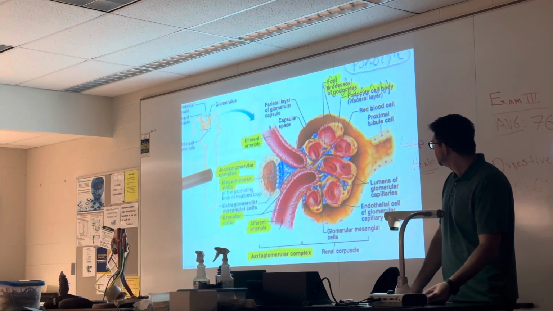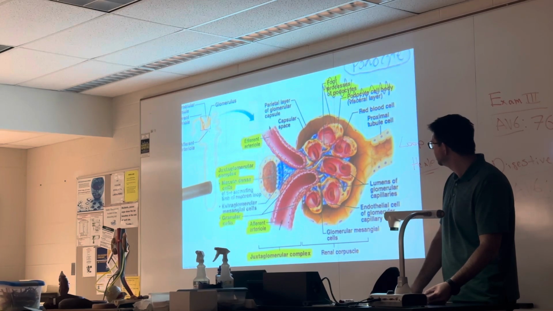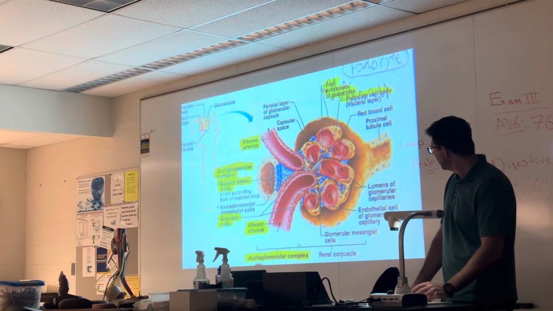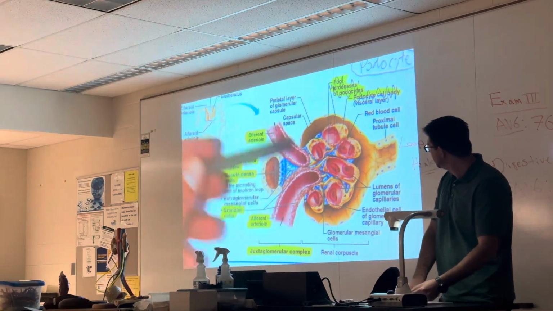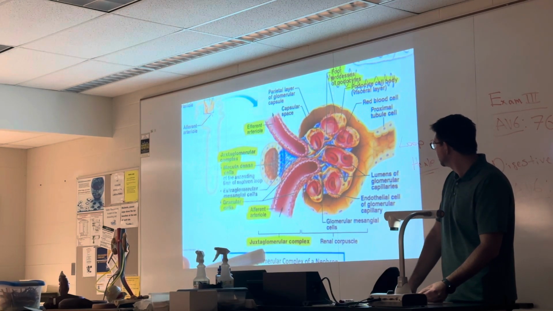We have the juxtaglomerular complex, macula densa cells, granular cells, afferent arteriole, and once again, this whole apparatus portion here is the juxtaglomerular complex.